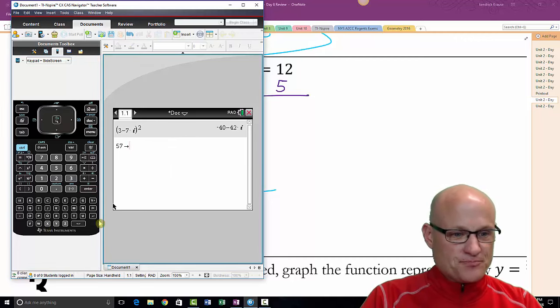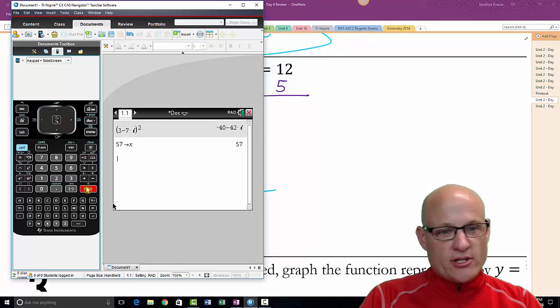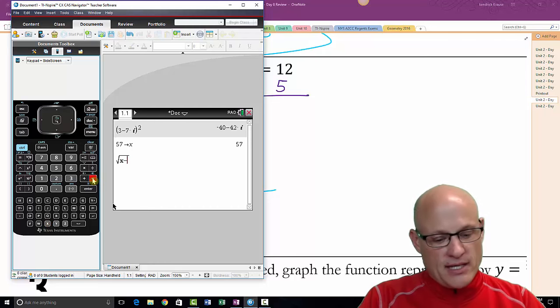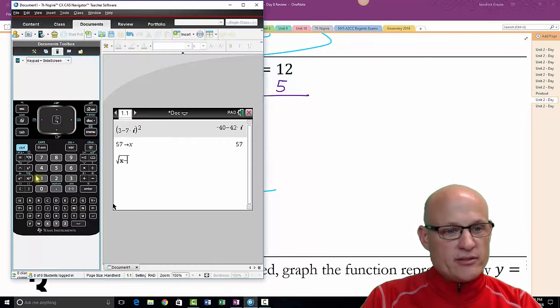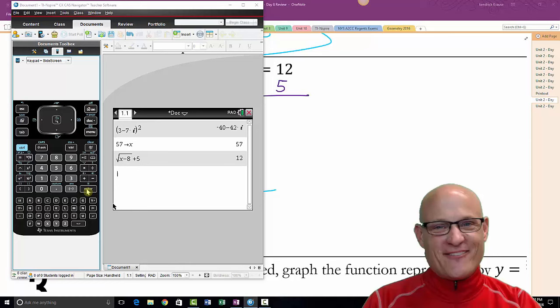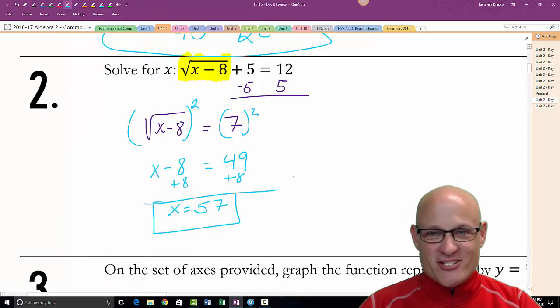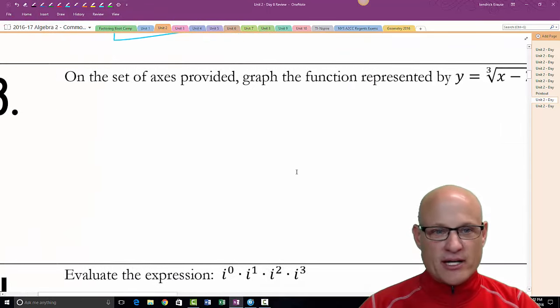X. Enter. And then I type it in. Square root of x minus 8, plus 5 equals 12. That's 2 I got in a row. Oh, what do we got here?